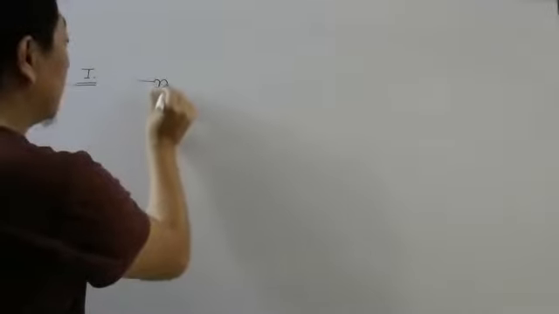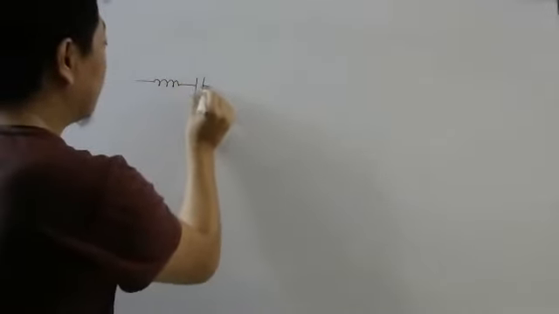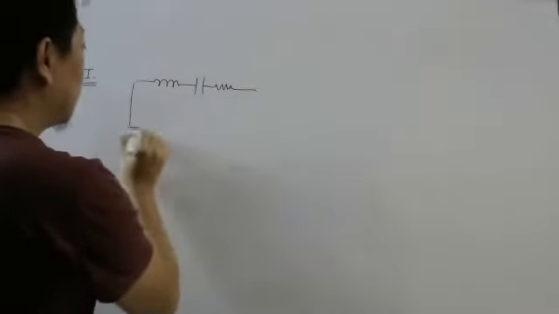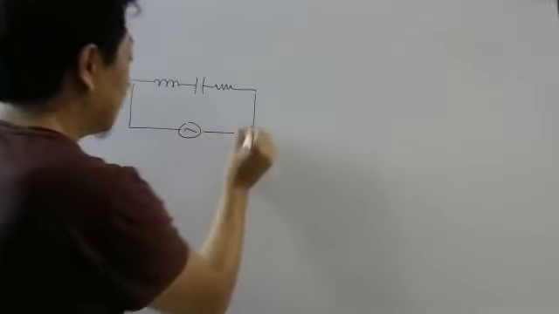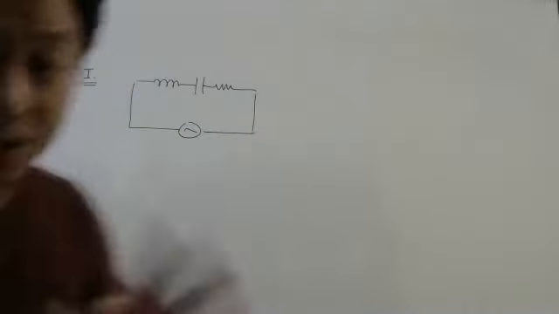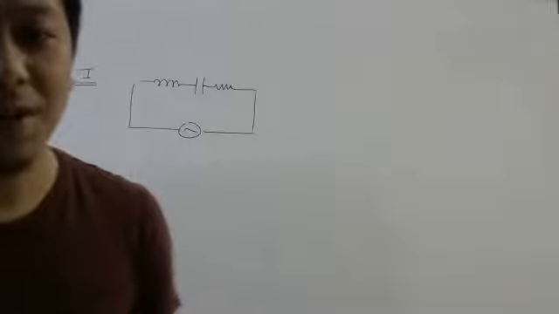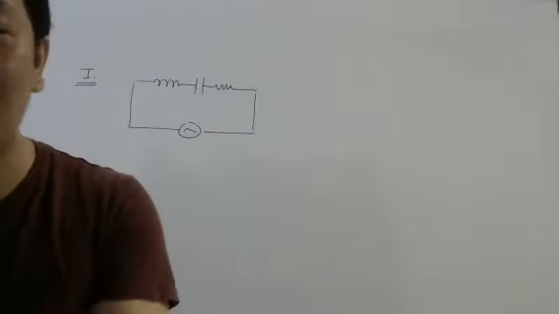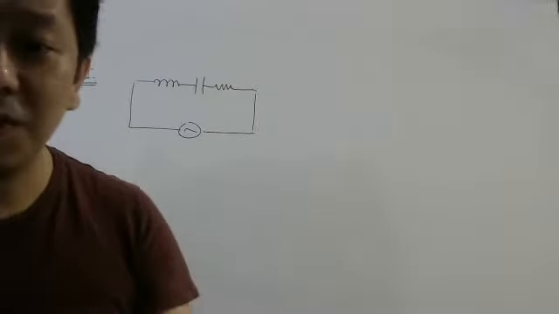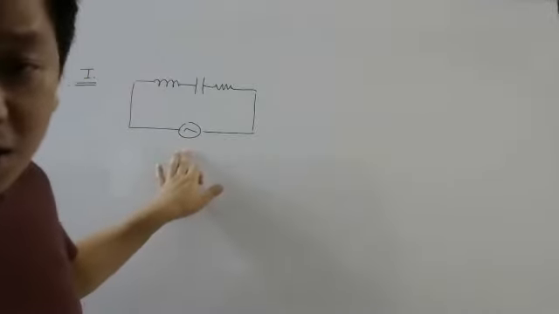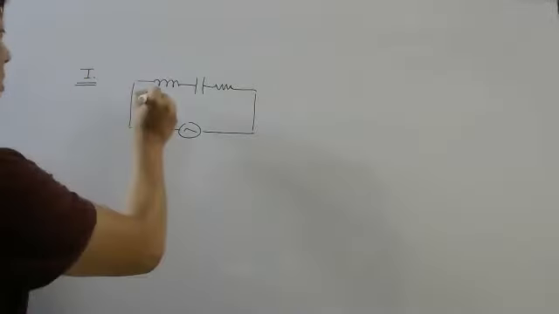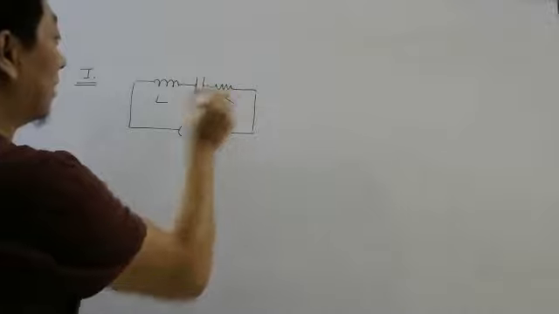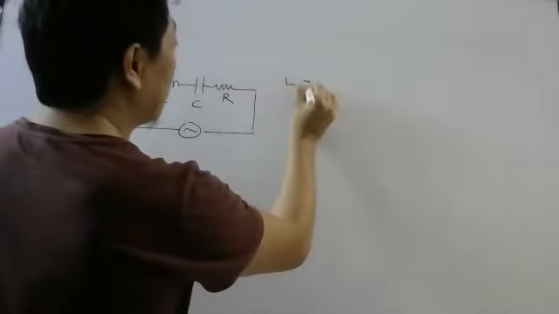So the first type of problem is where they give you an LCR circuit with an AC source. They may not draw a diagram, but they will mention LCR AC circuit. If it is an AC circuit, there will be an AC source. So this is L, C, and R. Let us take some examples.